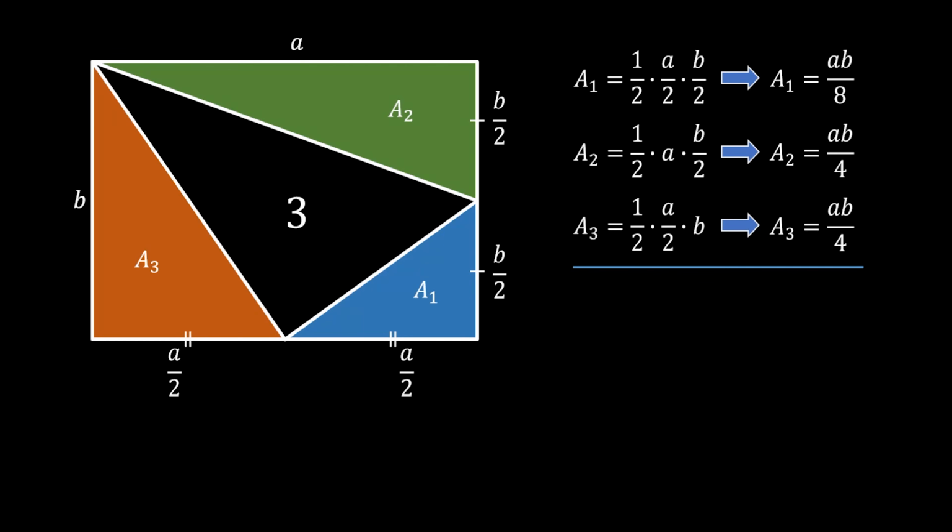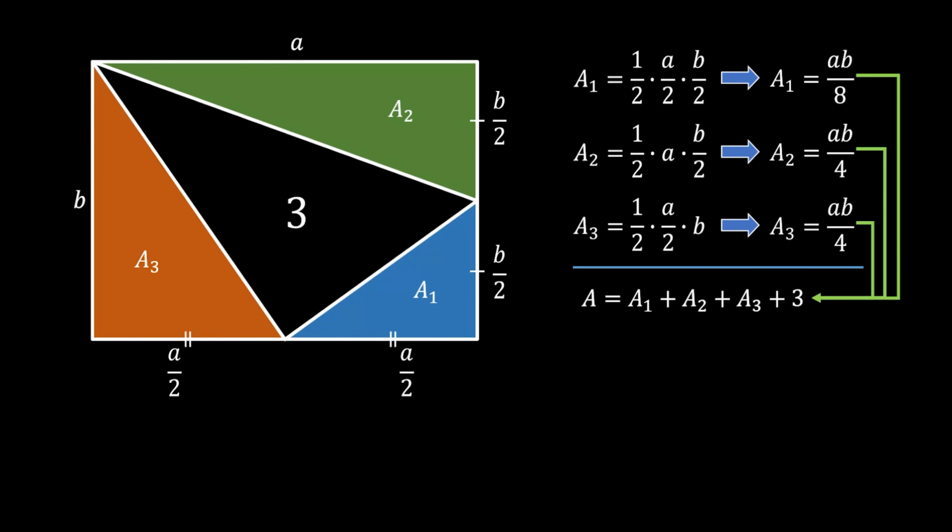Alright, so now let's have a look at the area of the entire rectangle. This area will be equal to the sum of the areas A1, A2, A3, and the area of the triangle in the middle with the area of 3. And now we're just going to substitute the values for those areas which we got earlier, and we will get the following equation.